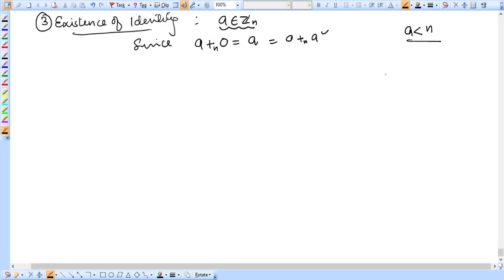If a is less than n, this implies when a is divided by n, we get a as the remainder again. For example, if 2 is divided by 7, what would be the remainder? 2 again, right?